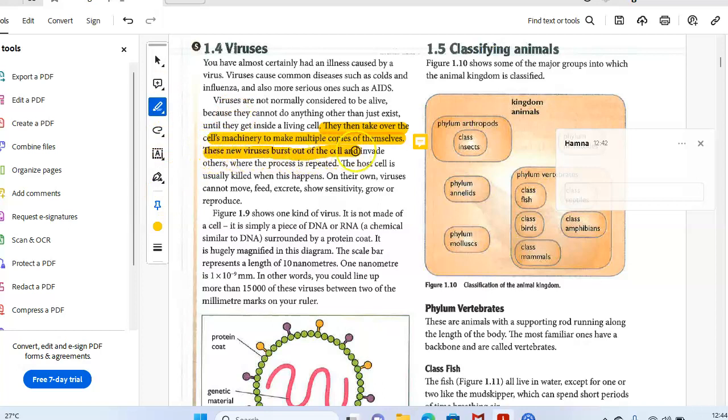These new viruses burst out of the cell and invade others, where the process is repeated. The host cell is usually killed when this happens. If a virus attacks bacteria, the bacteria is killed by the viruses. If the virus attacks the human body, they just keep on attacking our cells until our whole system collapses.